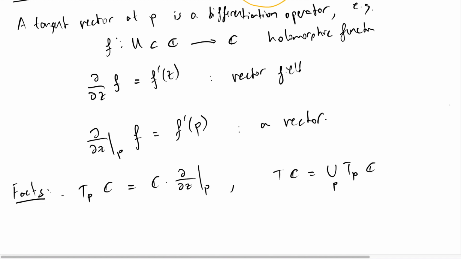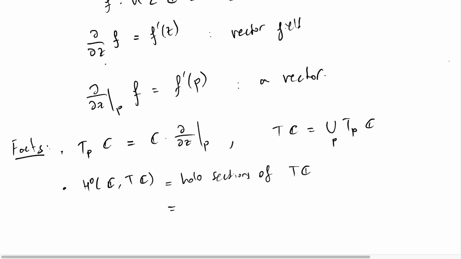So the global sections of this tangent bundle, these are the holomorphic sections, which means an assignment of a tangent vector at each point. Since I've chosen a generator for each space here, each of these T_P C is generated by this differentiation operator at P, so I can actually say that a global section will be a holomorphic function times ∂/∂z.